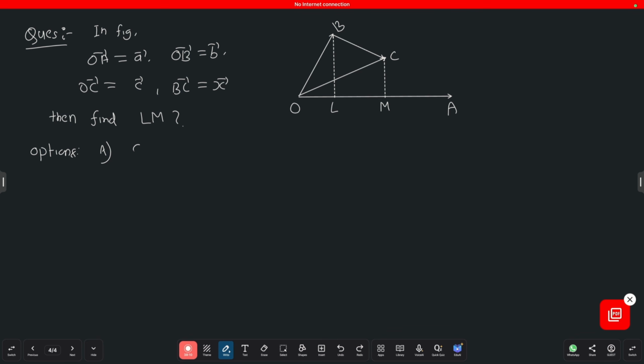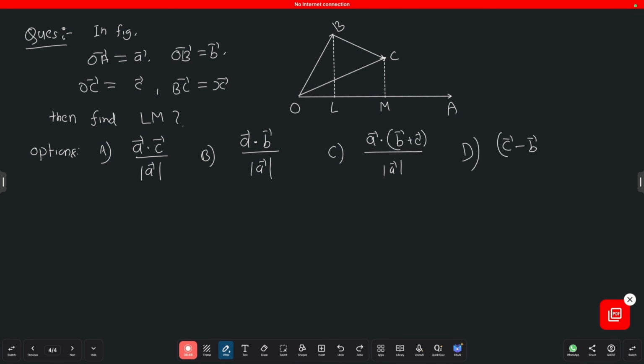Option A: A dot C upon mod A. Option B: A dot B upon mod B, A dot B upon mod A. Option C: A dot B plus C upon mod A. Option D: C minus B dot A upon mod A. Solve this question.